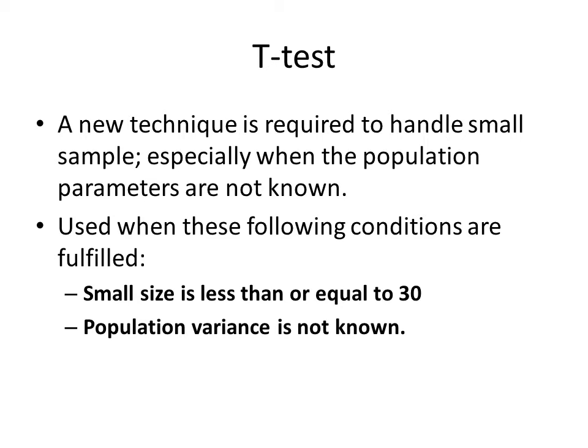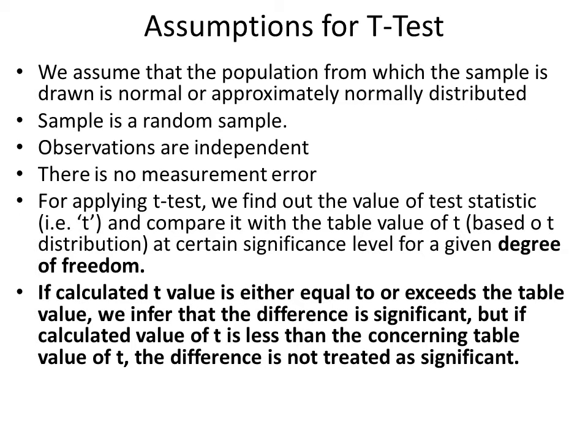The t-test can also be applied to estimate the population mean when the population standard deviation is unknown using a large sample, irrespective of the shape of the population. So these are the assumptions of t-test.